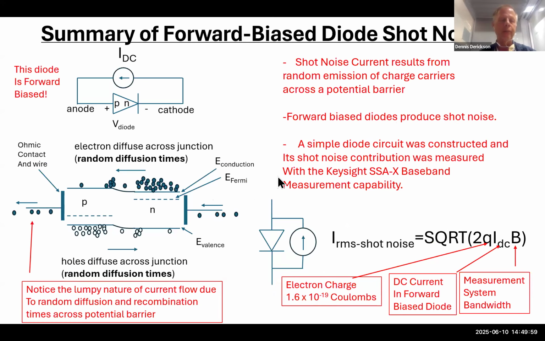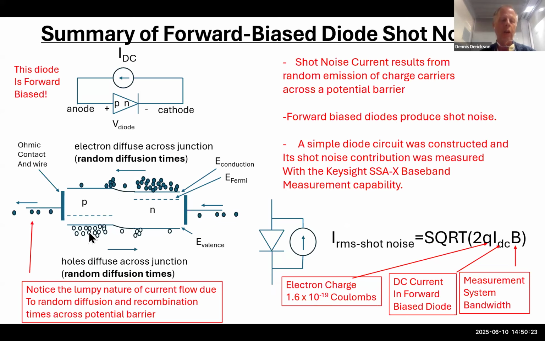So in summary, shot noise. What is shot noise? Shot noise in a forward biased diode has to do with the N-type electrons diffusing across the junction to the P-type material, but that diffusion happens at discrete and random times. And that is a source of shot noise, that random emission and random recombination time.